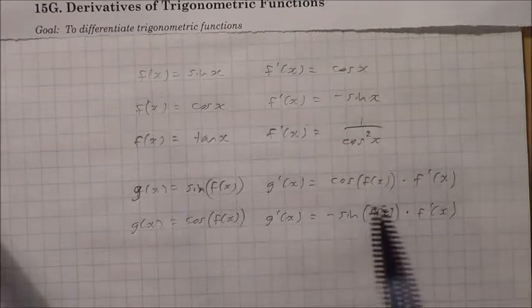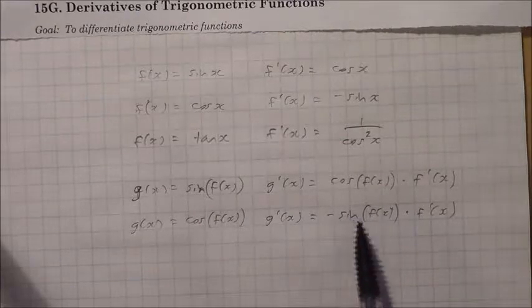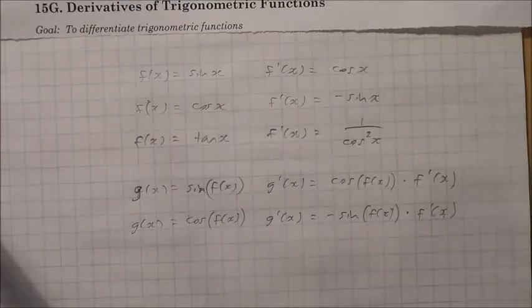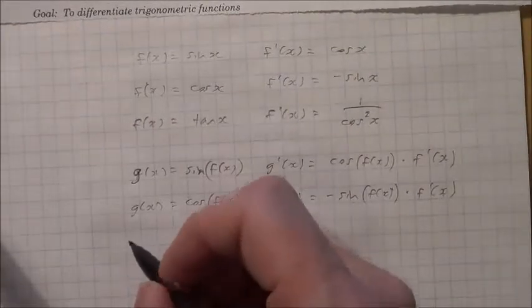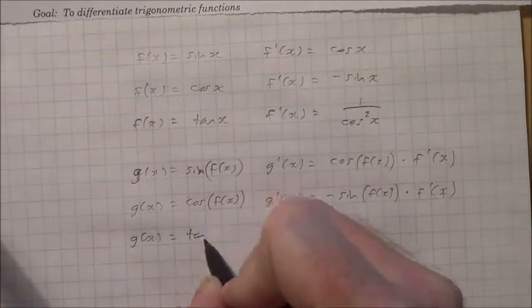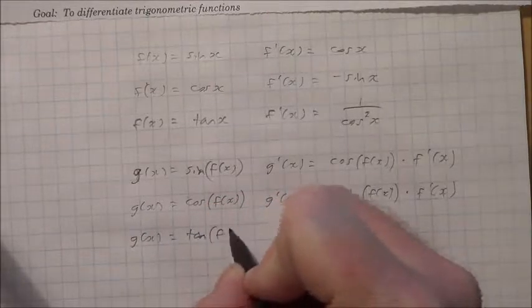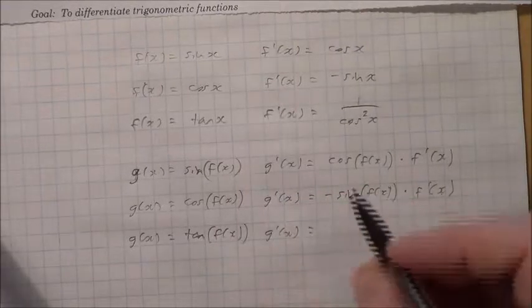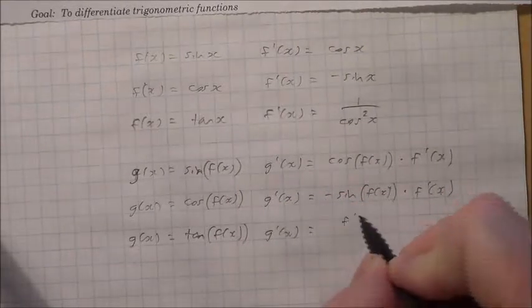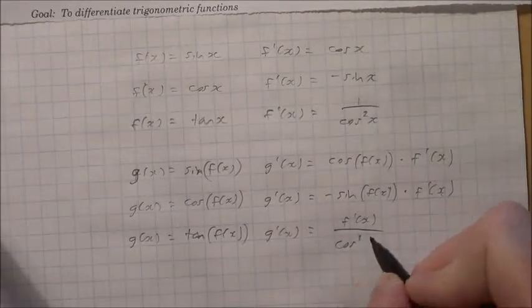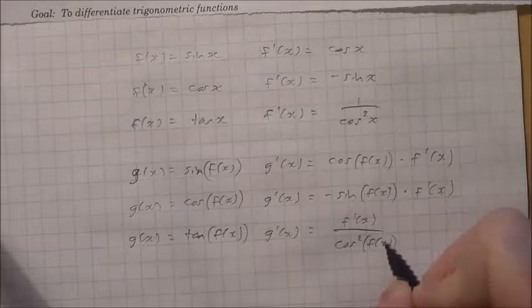So it's the derivative of the trigonometric part of the function, then we take the derivative of the angle, which is then f prime of x. And then the last one, if g of x is the tangent of f of x, then g prime of x is going to be f prime of x all over cosine squared f of x.